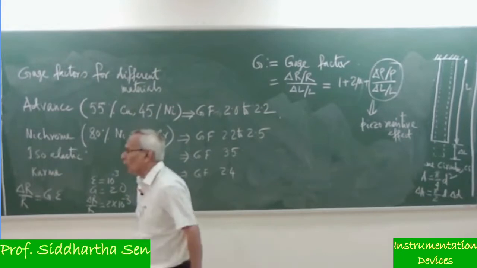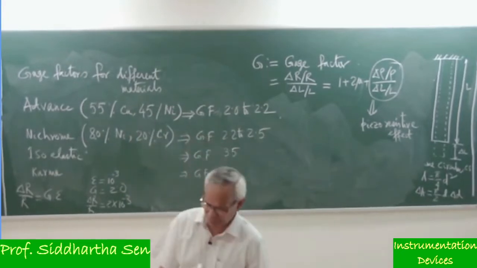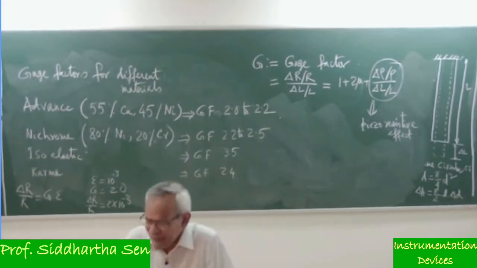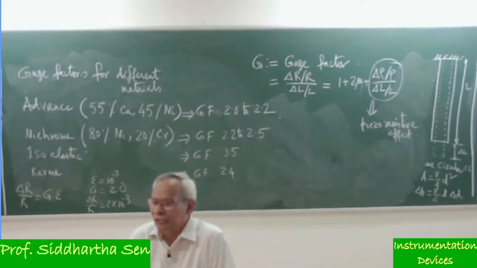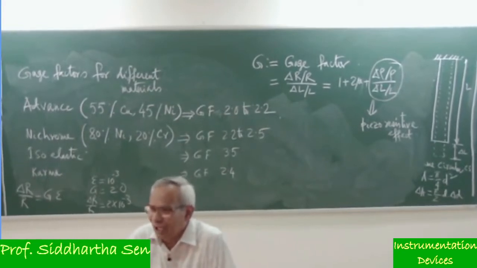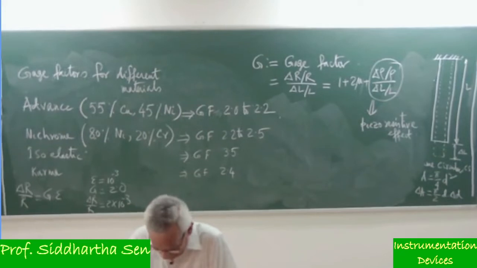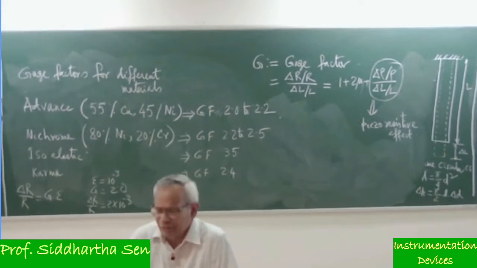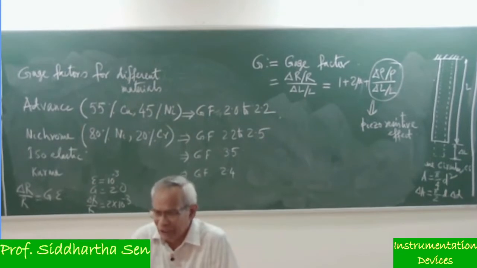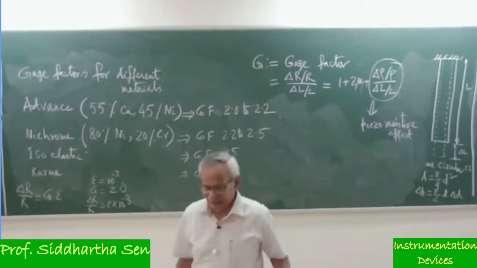So for small strain measurement, it may be very difficult. But we may also require other types of strain gauge which have a higher gauge factor, or rather higher sensitivity, so we can measure very low pressure.